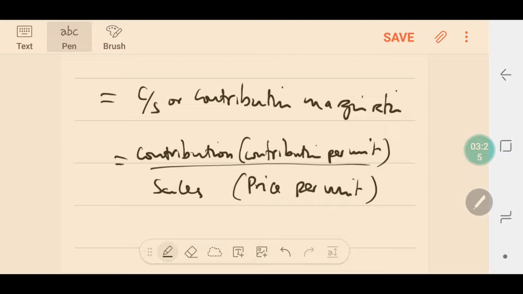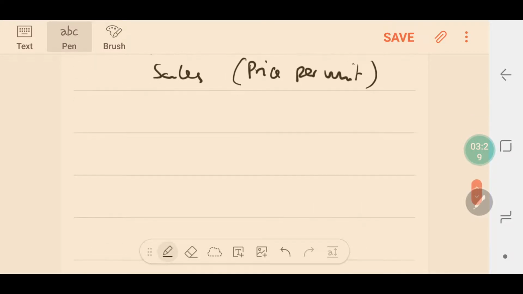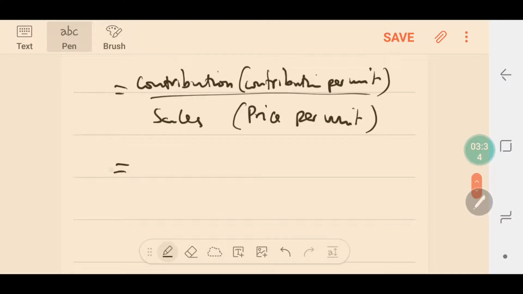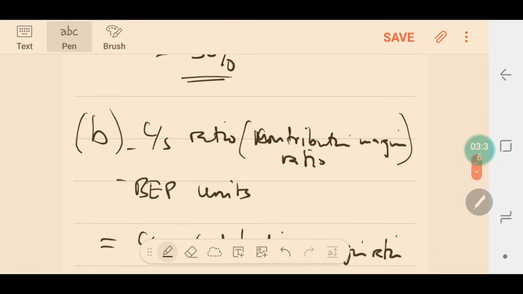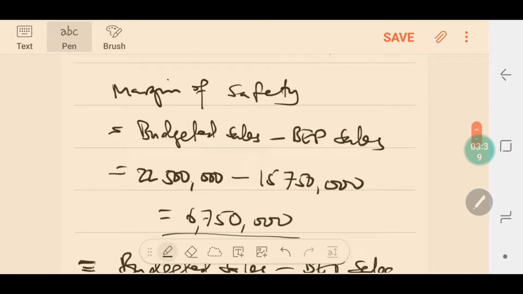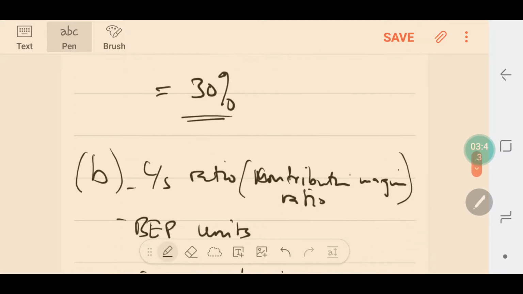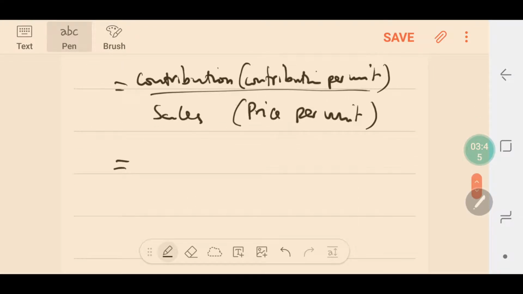So it may be total contribution over total sales, or contribution per unit over price per unit. In our question, because we have been given the effect of change in variable cost per unit, in our calculation we use contribution per unit and the price per unit. Contribution per unit in our question has not been given, but price per unit can be calculated.